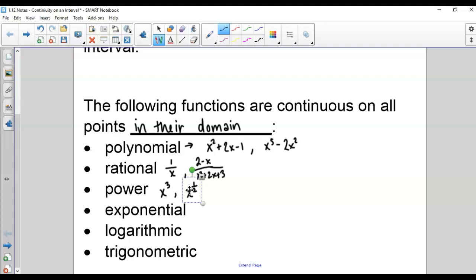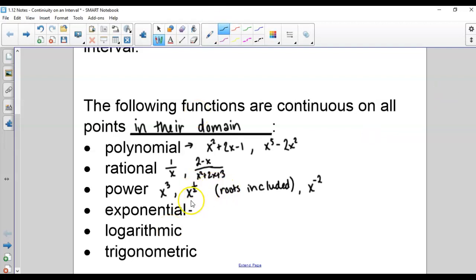So this includes any type of root, so you might even want to write that roots are included here. It also could include something like x to the negative 2 power, which becomes more like a rational. So power functions, I don't love that category because it overlaps with some of the other categories, and I don't like my categories to overlap.